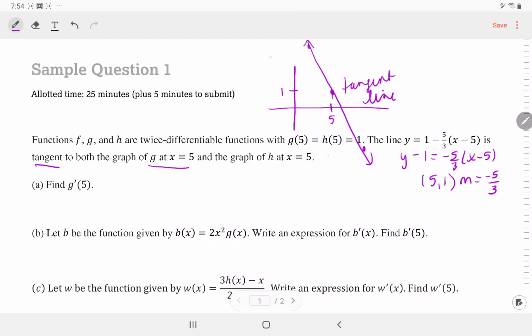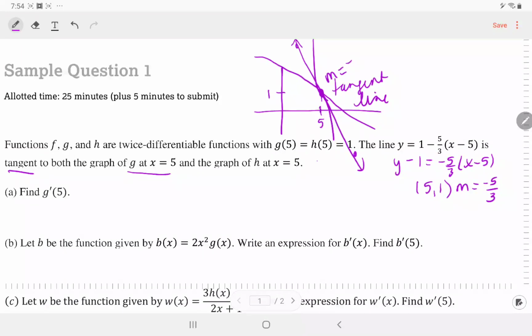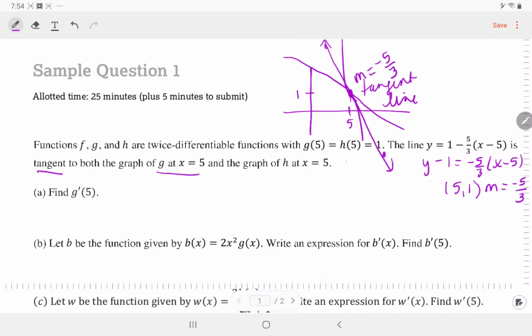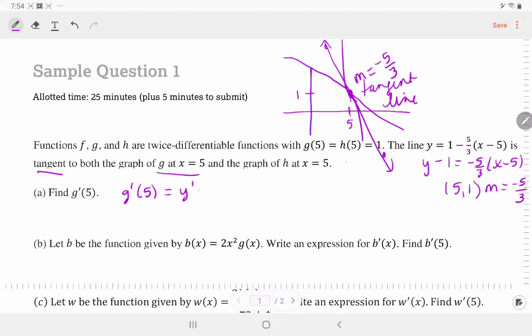Okay, so whatever the curves look like, I don't know, but I've got something where they both hit here. Okay, so the slope of both curves is negative 5/3 at that point. Okay, so the slope here is y prime at 5, which is negative 5/3.